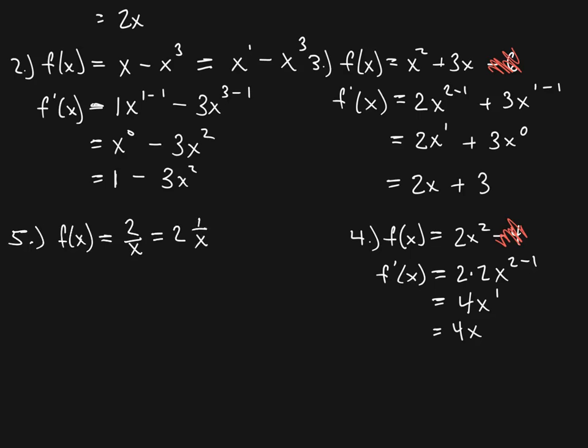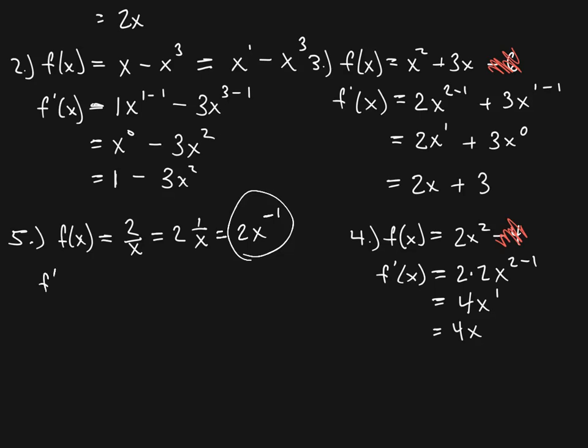So 2 times 1 over x is the same as 2 over x. And of course, this is also equal to 2 times x to the minus 1. So this is the same thing. So we can then apply the power rule to 2x to the minus 1.